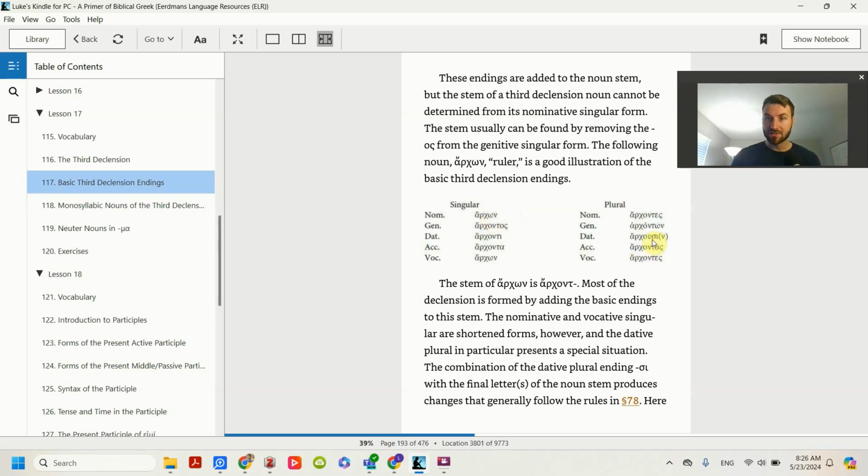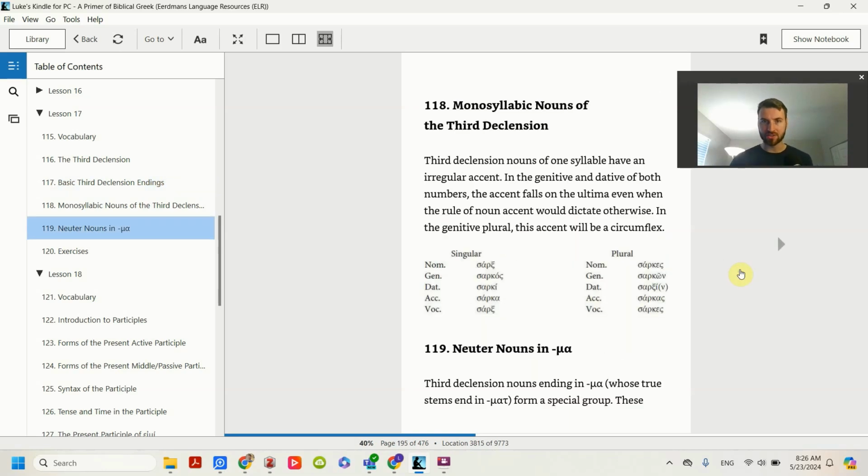In the dative, both the nu and the tau drop out, and it's replaced with the dative ending sin, archusin. And so just know that some of the endings will contract or make things drop out.